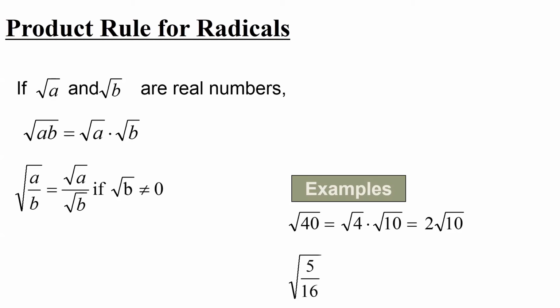Now, radical 5 over 16, I told you can split the radical to the numerator and the denominator, so it becomes radical 5 over radical 16. Radical 5 stays radical 5 because 5 is a prime number, and radical 16 is 4, so it becomes radical 5 over 4.